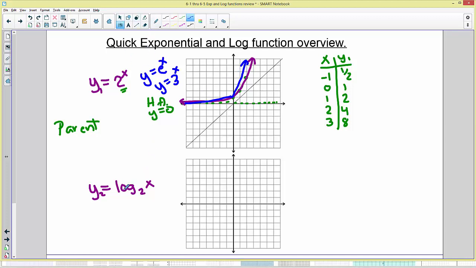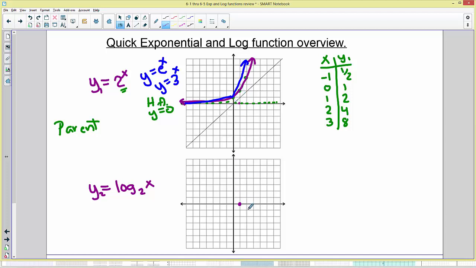So let's take a look at logs now, right? For logs, it's the mirror image. So this anchor point here reflects to here, right? So logs have this very important point. And for log base 2, which is the mirror of this purple one, y equals 2 to the x, that's our mirror point, 1, 2.